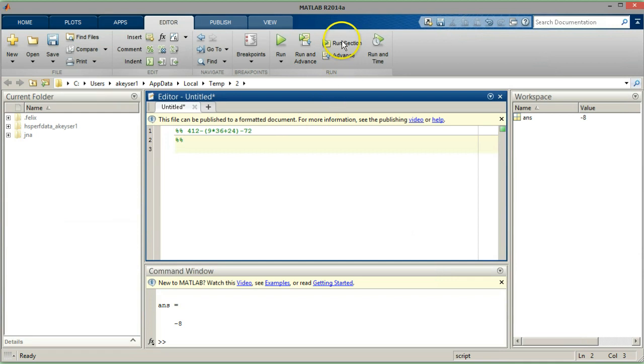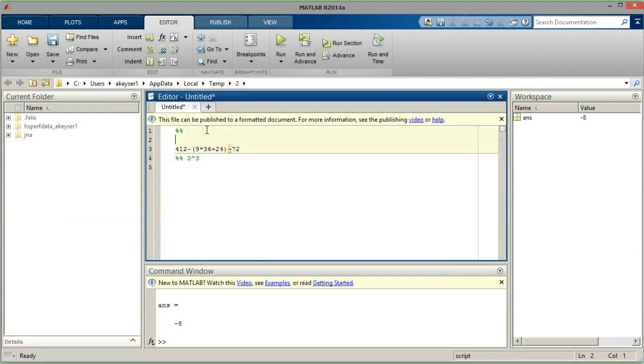So when I hit run section here, it's going to run the current section that I'm in. So if I enter, for example, 2 to the third power, and I hit run section, let me see here. So 2 to the third. Oh, that's what my mistake was.